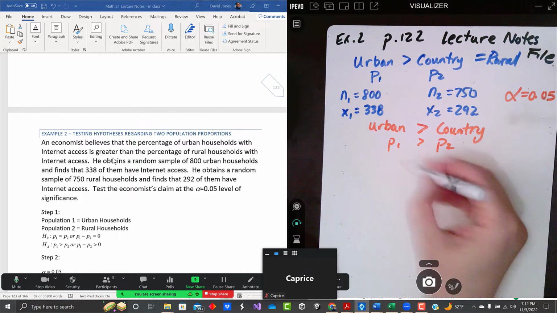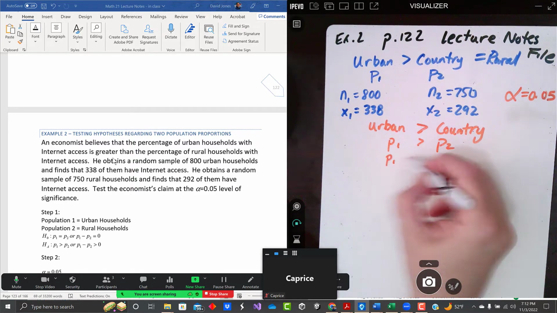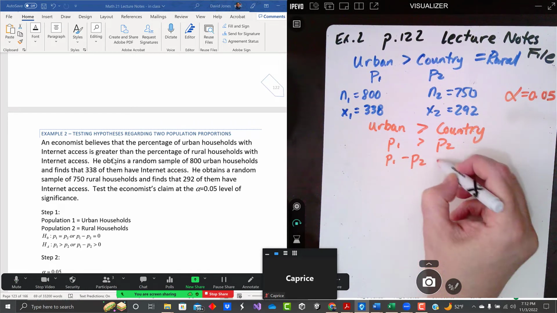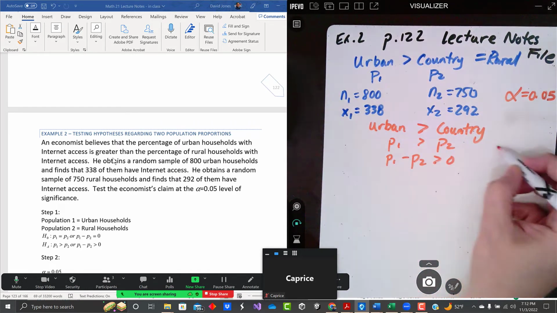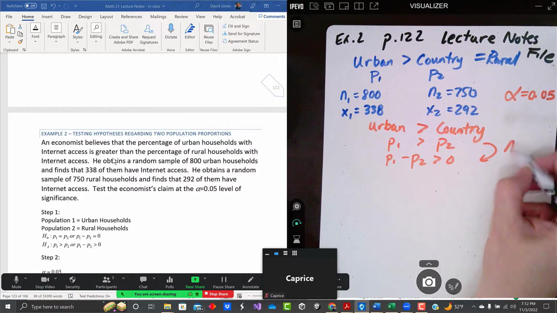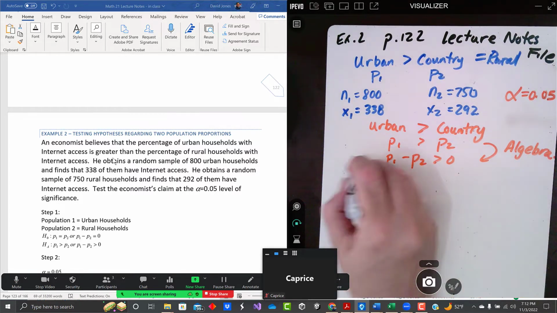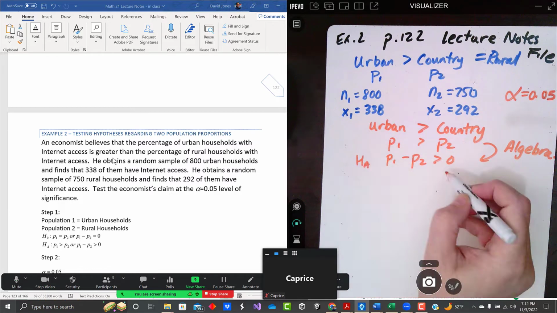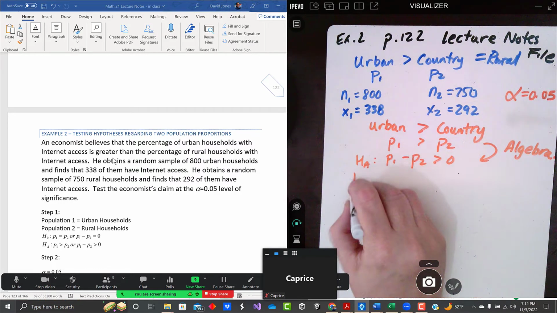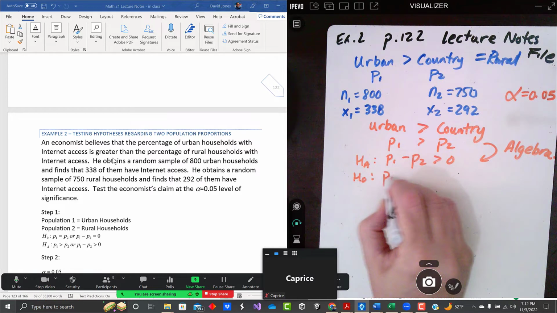So if I move the P2 to the left, I have P1 minus P2 is greater than 0. That's that little algebra step right there, and that will be my HA. So H naught will be the one with an equal sign.